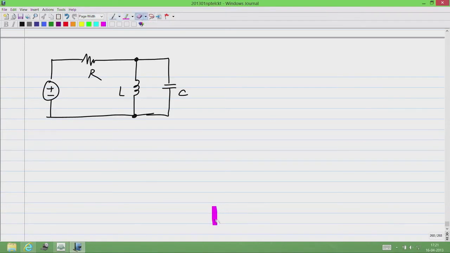Okay. And let me take the inductor current as the variable, or rather maybe just like before I will take Vc as the variable.